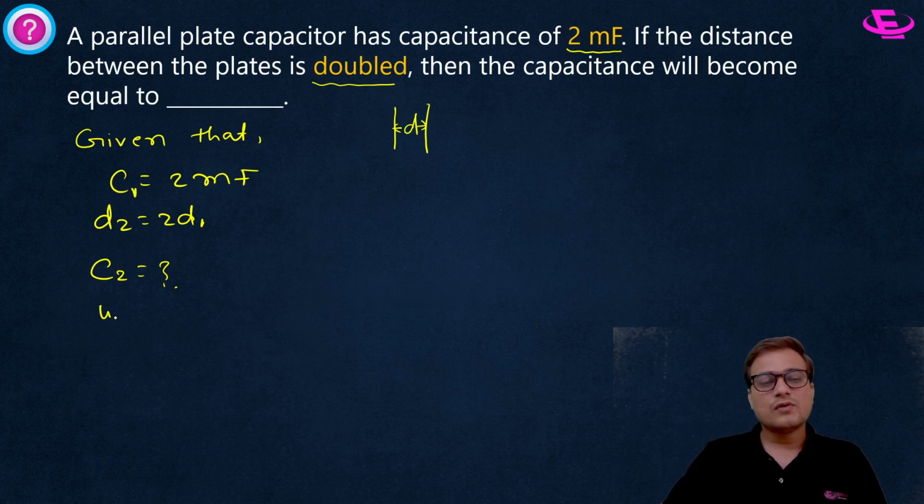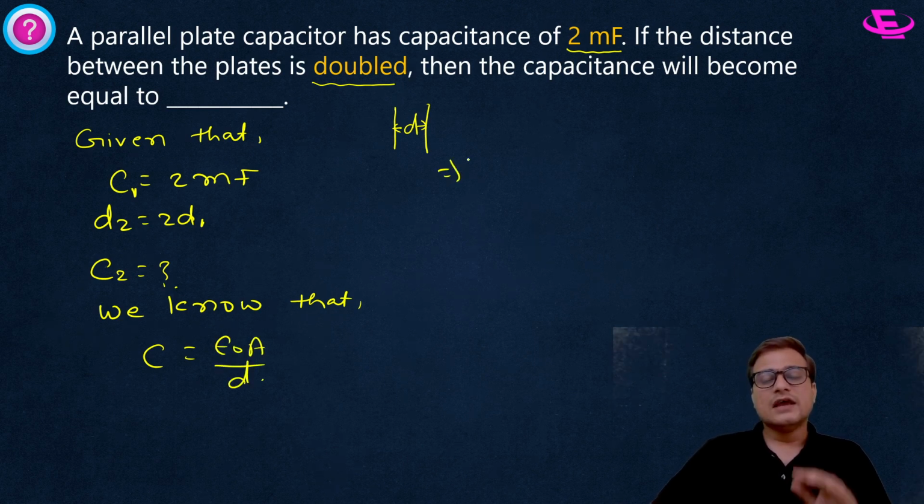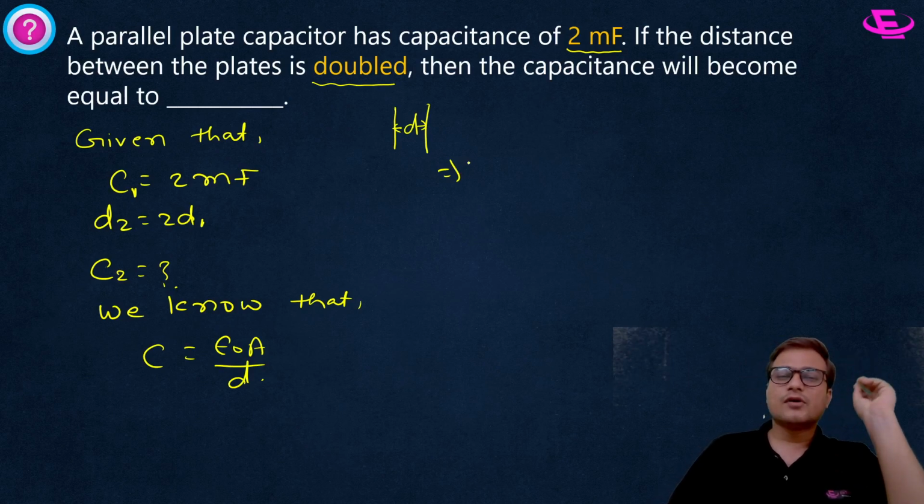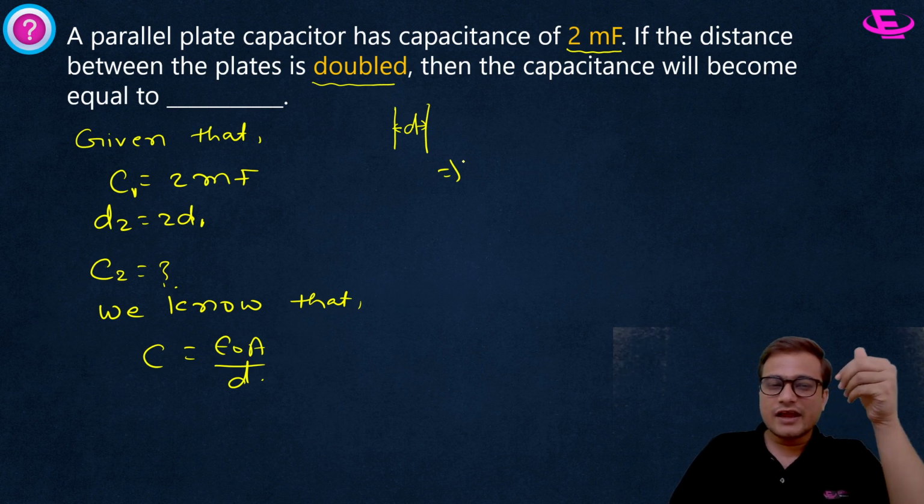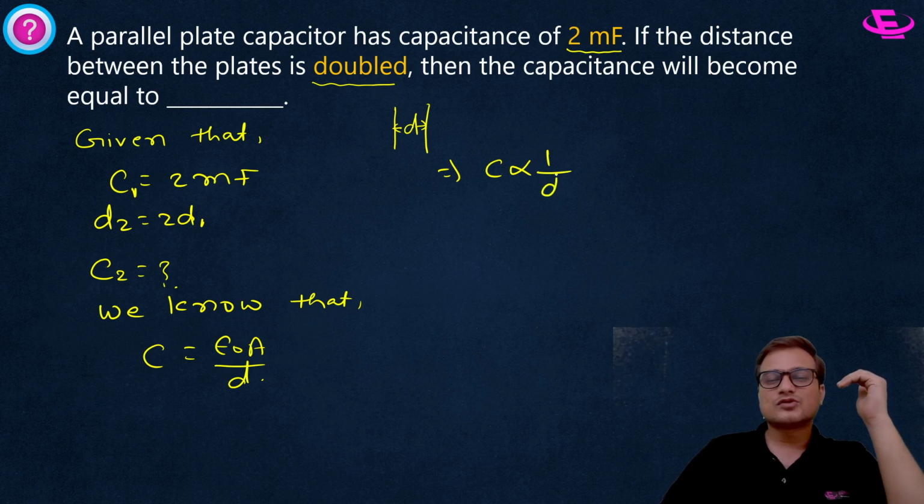So we know that C equal to epsilon naught A by d. From here you can say the area is also constant because they are not mentioning anything about area. It means they are not going to change the area. Epsilon naught is also constant. You can say capacitance is inversely proportional to d. So from here C2 upon C1 will become equal to d1 upon d2.